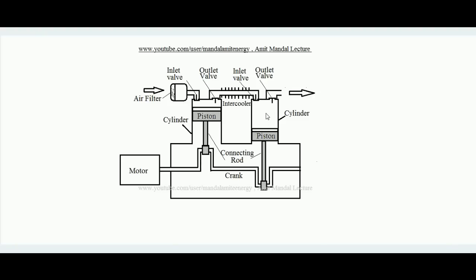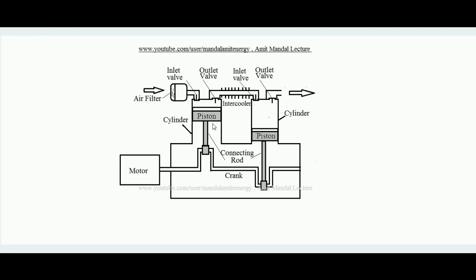That is going inside the second cylinder, which is the high pressure cylinder, and then this cylinder's piston pushes this incoming air or gas to the pressure vessel. It is like this. This is the motor and this is the crank. When the motor rotates this crank, the piston moves up and down in reciprocating motion. The job of the air filter is to filter out any dust and debris contained in the air. So let's understand the operation, then it would be more clear.